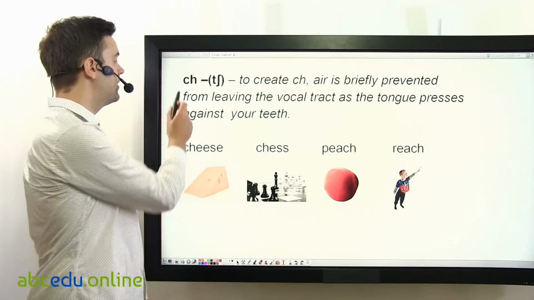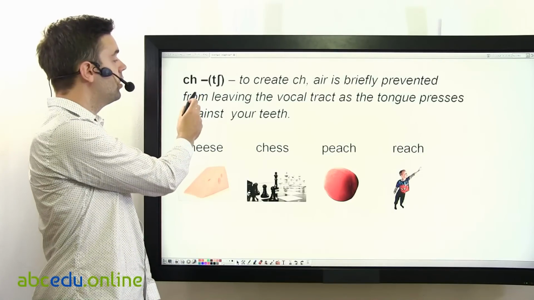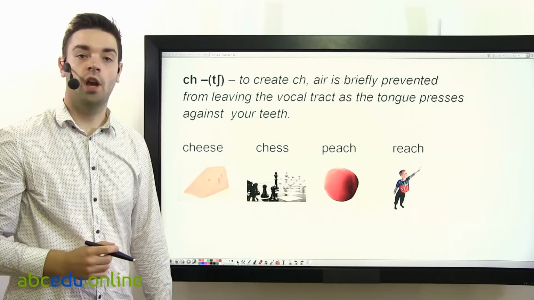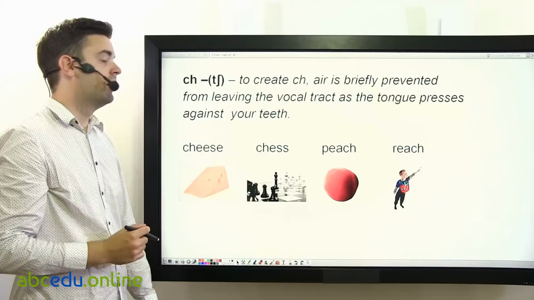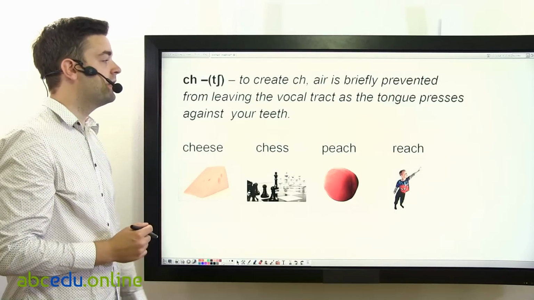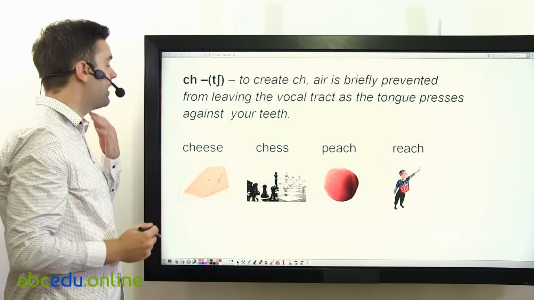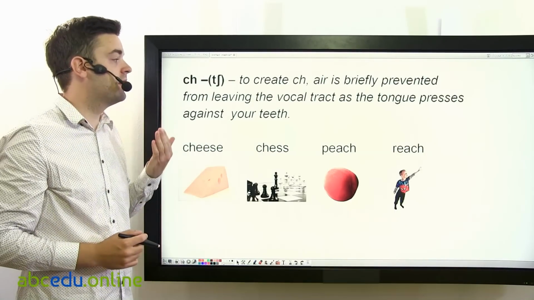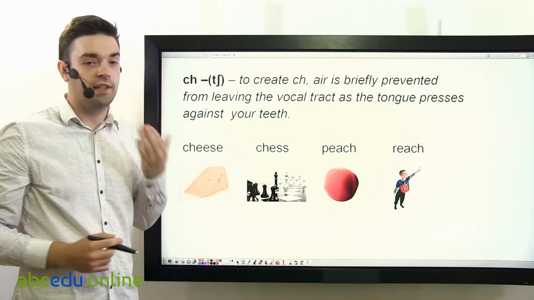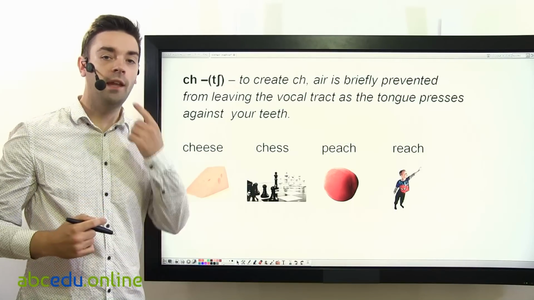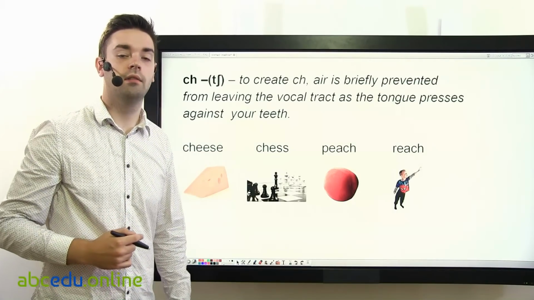When we join C and H, we get a ch noise. Ch. So this is when air is briefly prevented from leaving the vocal tract as the tongue presses against your teeth. So look at me. Ch.